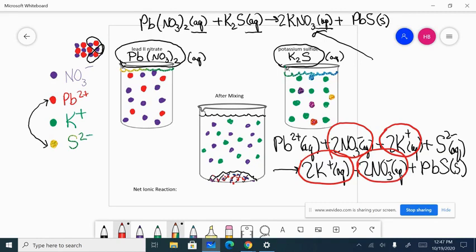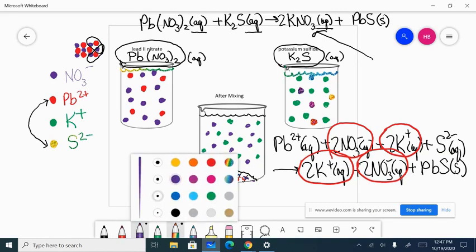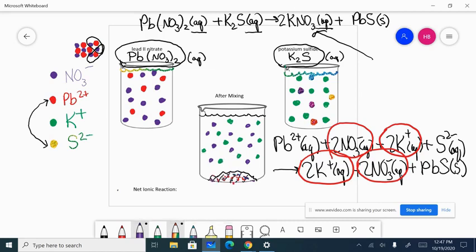Those are called spectator ions, and they are left out of the net ionic equation. So my net ionic equation becomes what's left after I cancel out my spectator ions. So my net ionic equation is going to describe only the chemical reaction that is happening and nothing else.